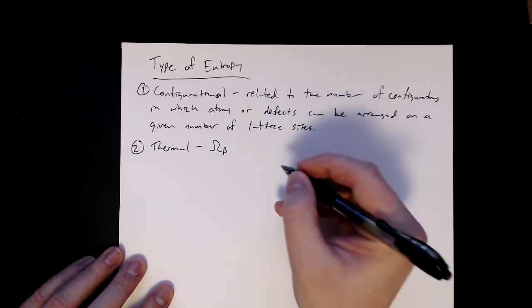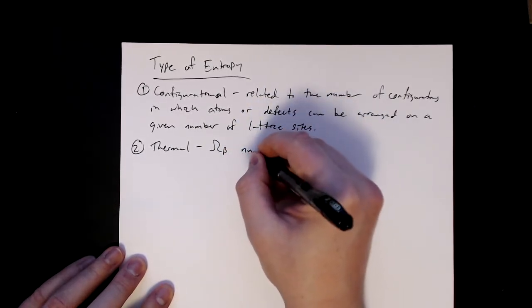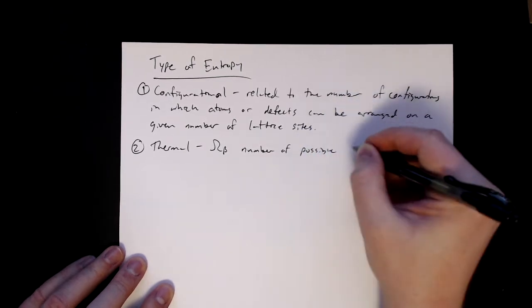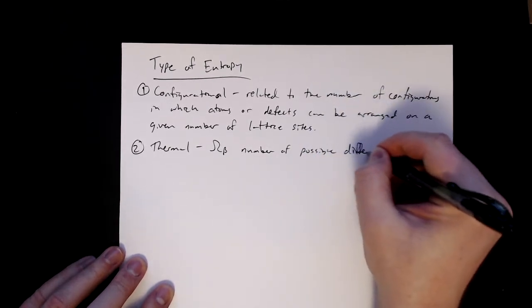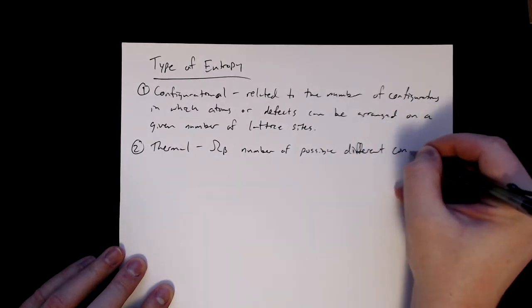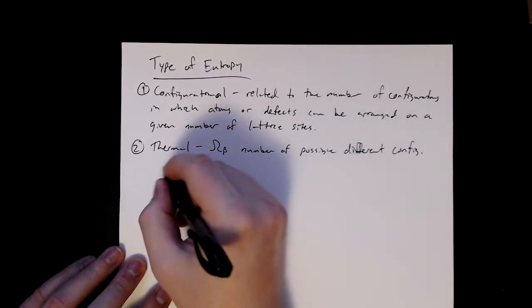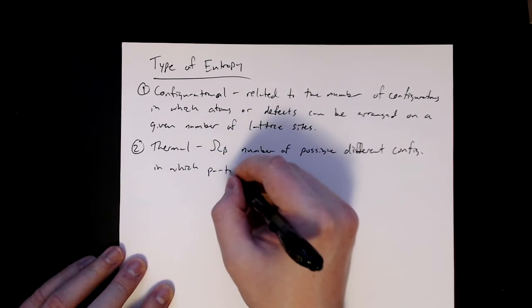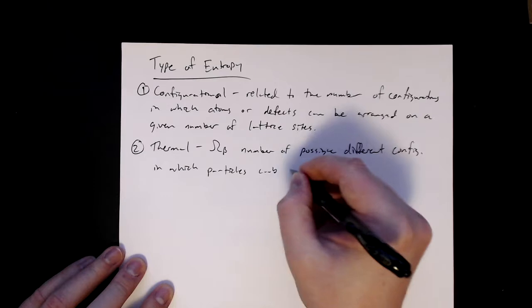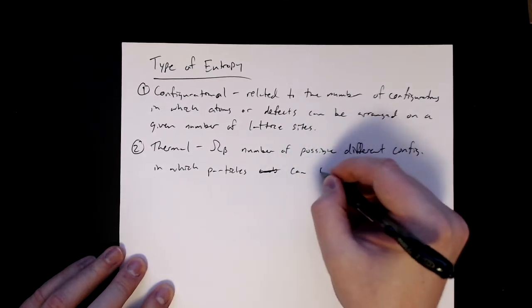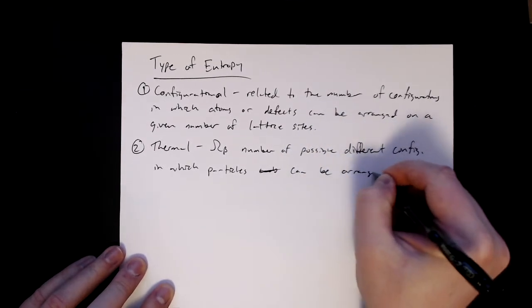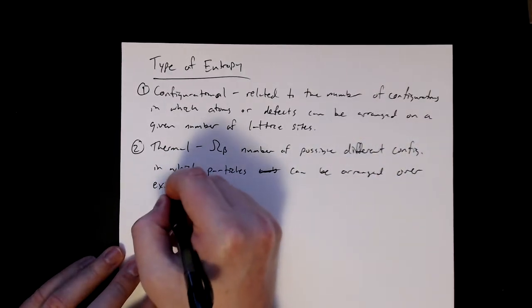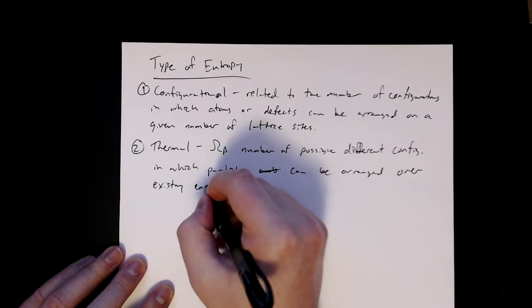This is where that omega term is the number of possible different configurations in which particles can be arranged over existing energy states.